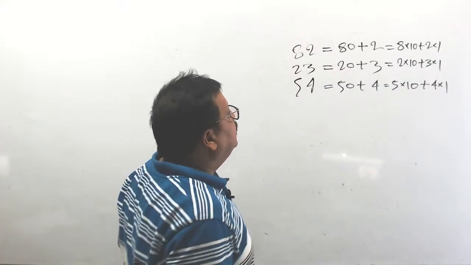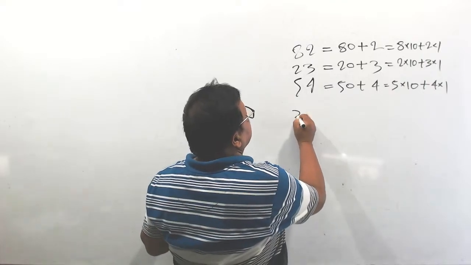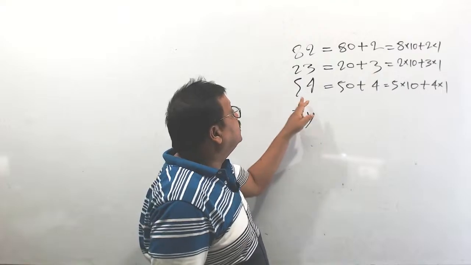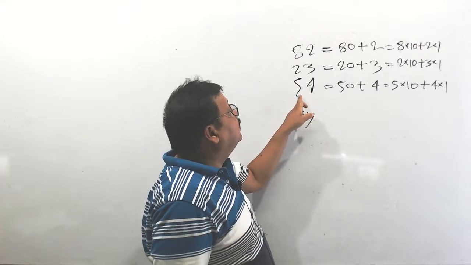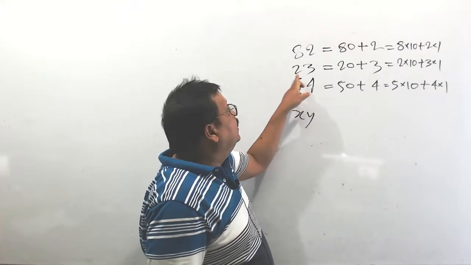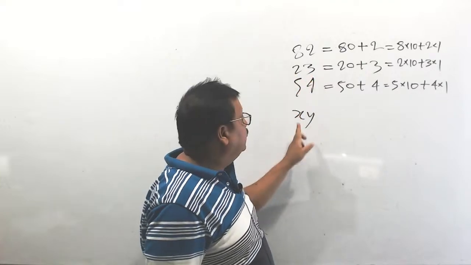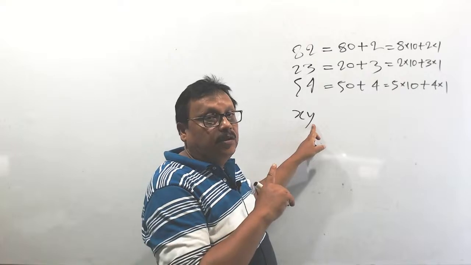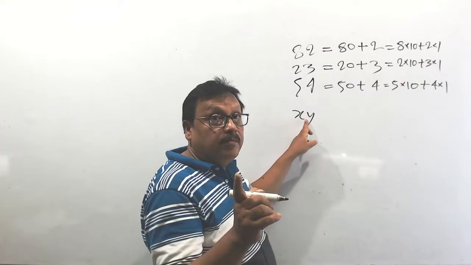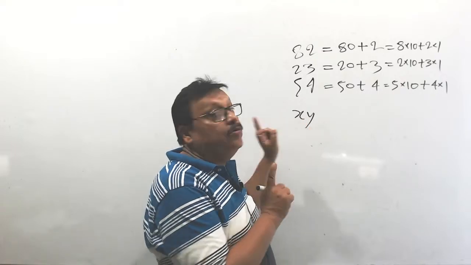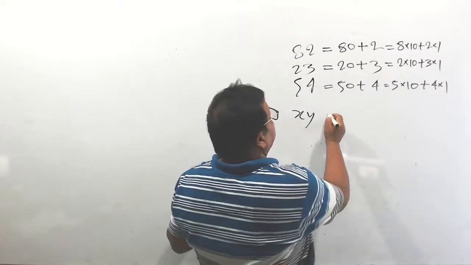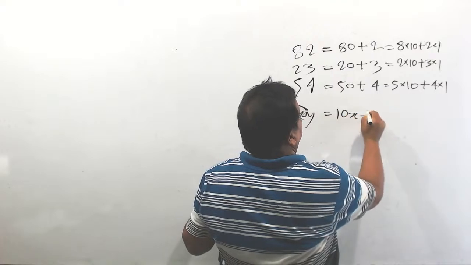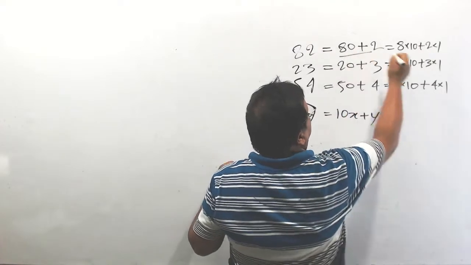So any algebraic number, say xy, don't assume x into y. 54 means not 5 into 4. 23 means not 2 into 3. It is a number, an algebraic number, xy. You can write it this way, but do not take x into y as a product. Any number means 10x plus y.